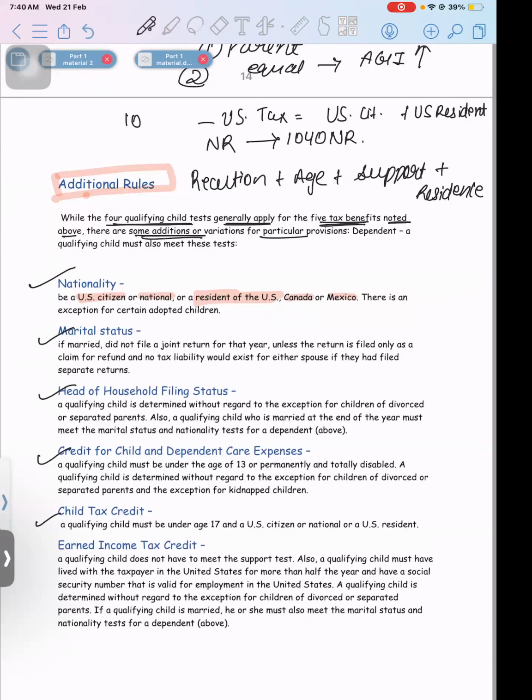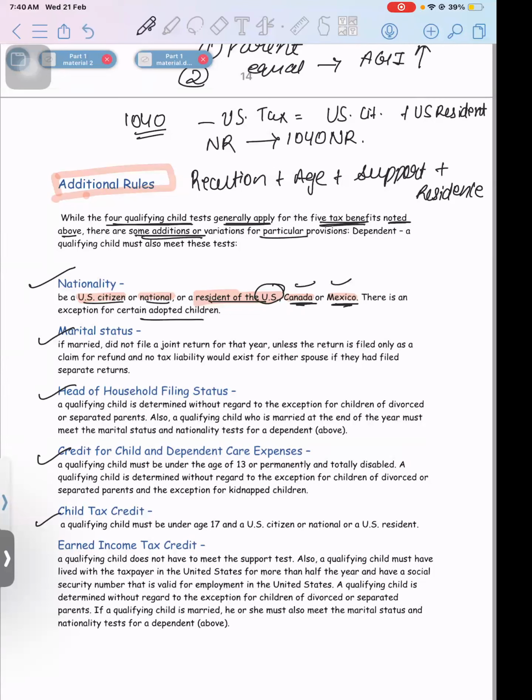Same way, if you're claiming a dependent, you need to check the residency status of that dependent. If that dependent is a non-resident, you can't claim him as a dependent. So he or she should be a US citizen, US national, or resident of maybe Canada or Mexico. That will be fine.